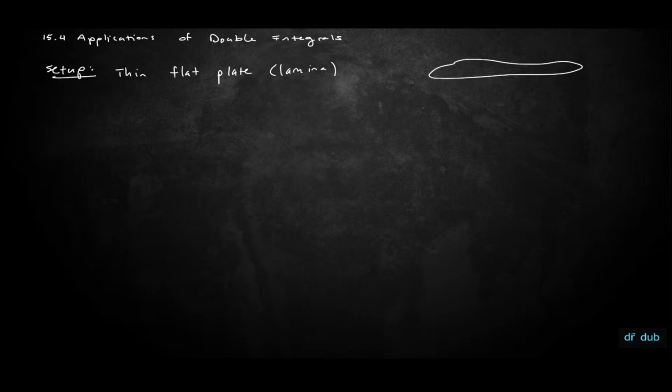So something like this. Basically in the X and Y direction you see the solid, but in the Z direction there's not much thickness to it. So it's thin in the Z direction, and really it only depends on X and Y.